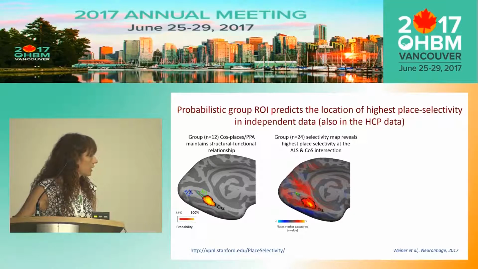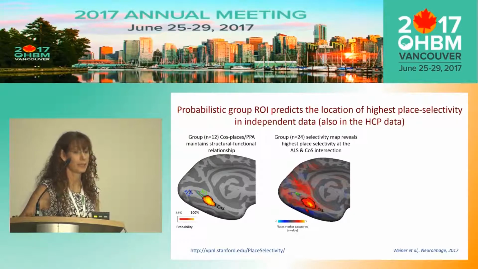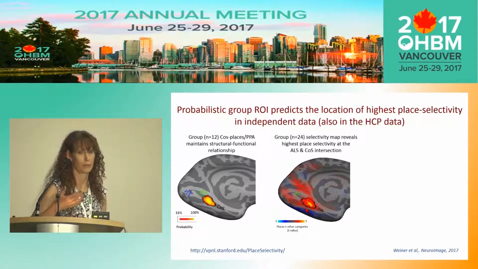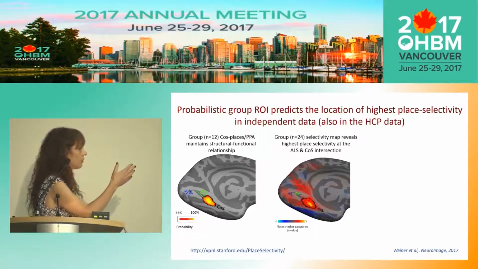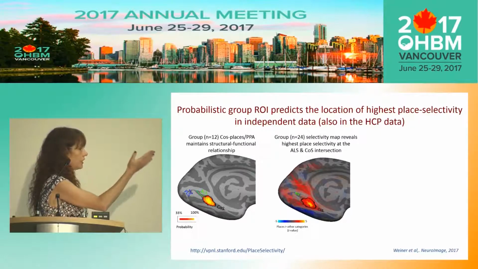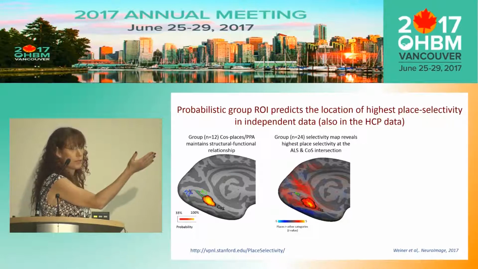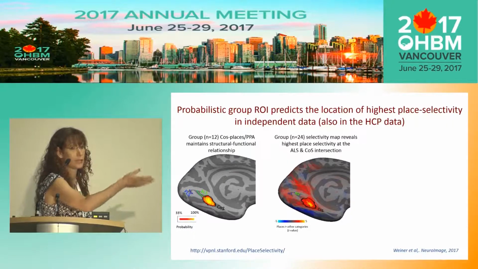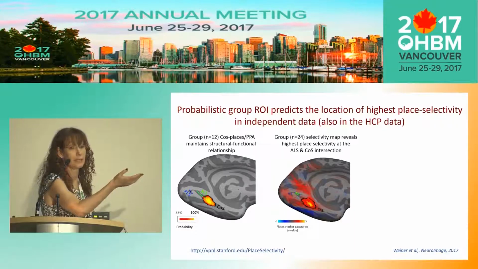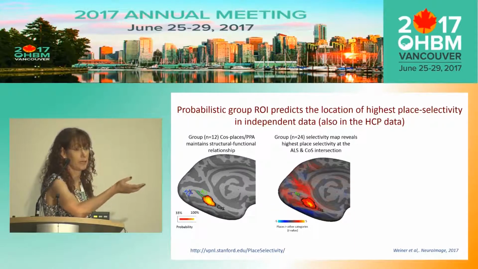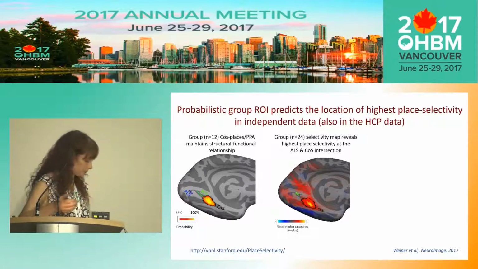So the question is, can we also predict the place selectivity in an individual subject's brain from this probabilistic ROI? What we do is an inverse cortex-based alignment, now aligning this ROI into an individual subject's brain, and then extracting the signals from the individual subject's brain, and then we can test if it actually predicts place selectivity in each individual subject's brain.